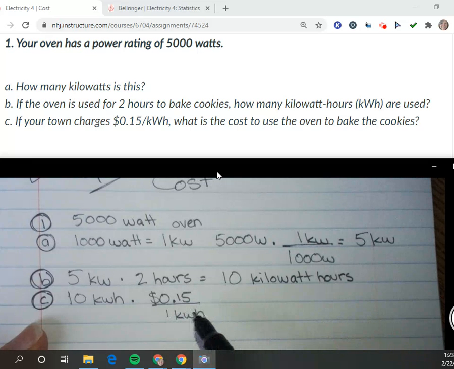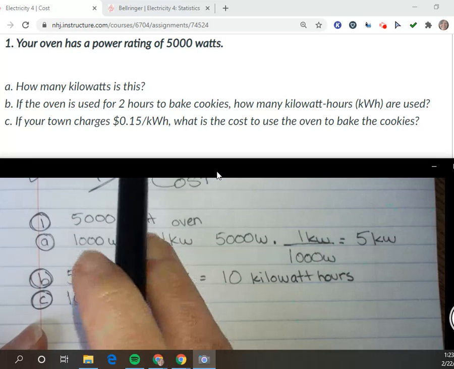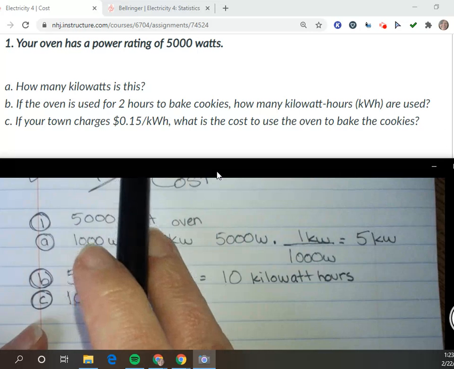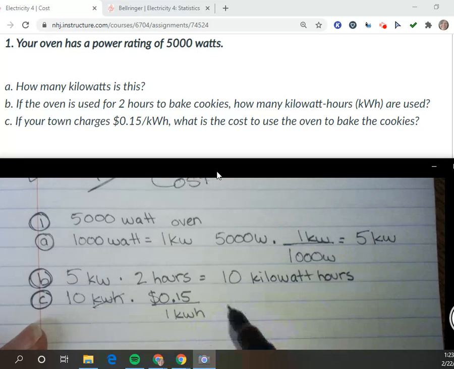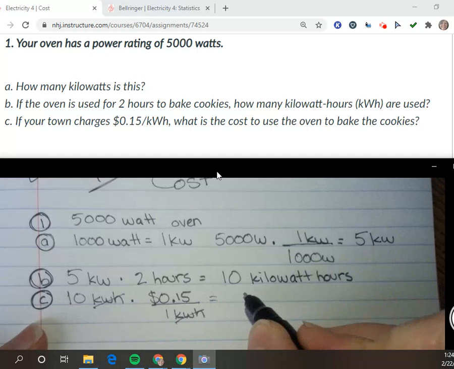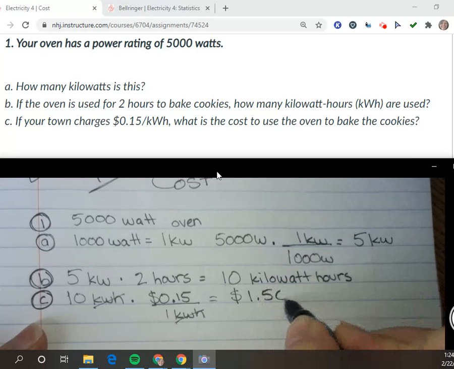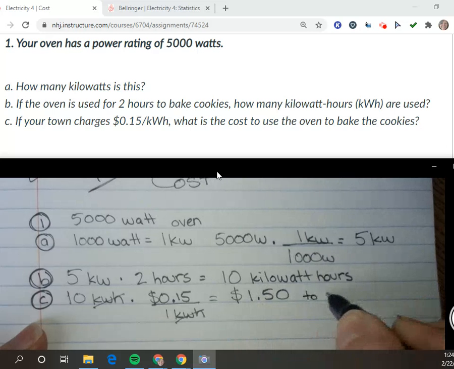Now see, we're using that charge right there, 15 cents per kilowatt hour, as a conversion because we're going to cancel out the kilowatt hours. We're going to be left with our money unit. So 10 times 15 cents, that is $1.50 to make the cookies.